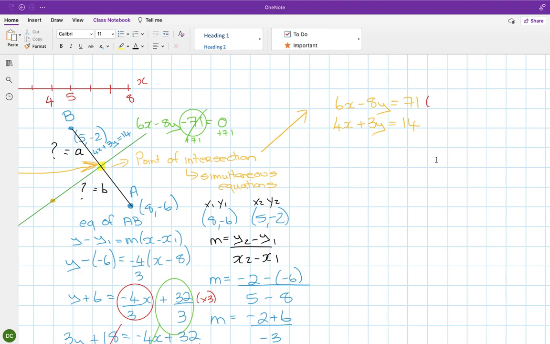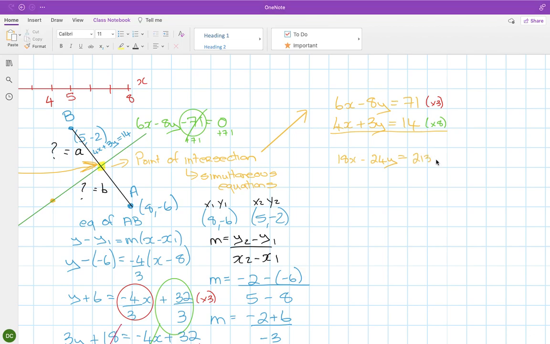I'll multiply this by 3, and I will multiply this by 8. Okay, 6 3s are 18x minus 24y equals 71 times 3 is 213.